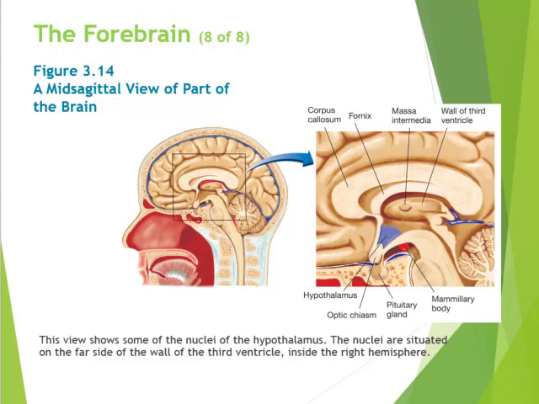It produces hormones that control the release of hormones further down in the gonads, the testes and ovaries, and in the adrenal glands. So being engaged in fight or flight responses, regulating stress hormones, a discussion that we will continue in the coming unit.